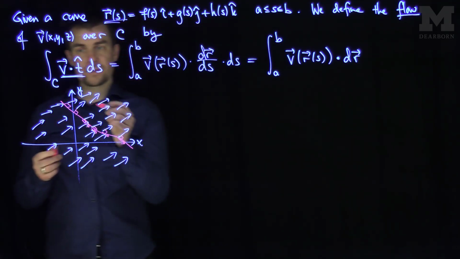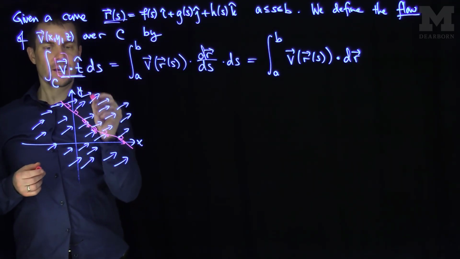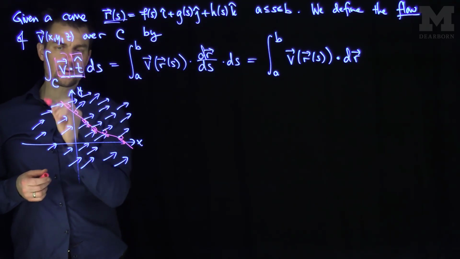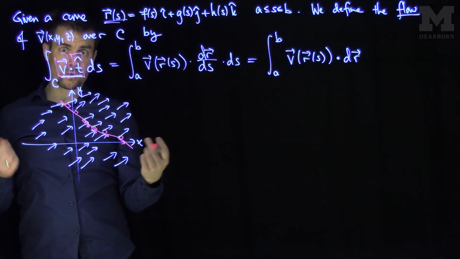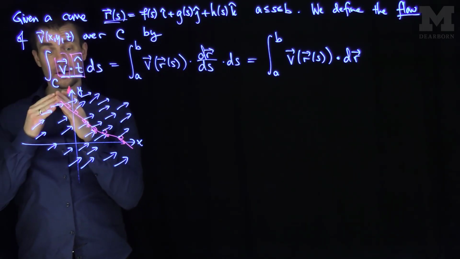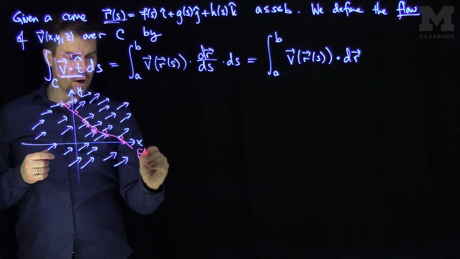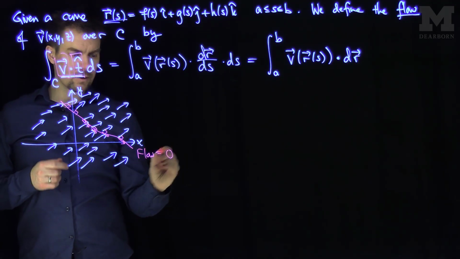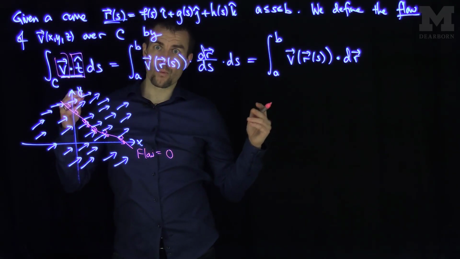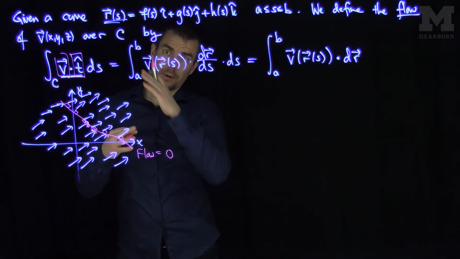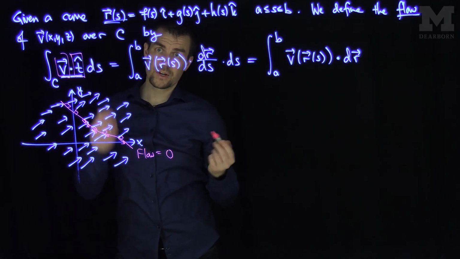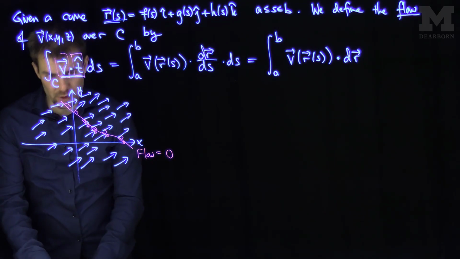In this case, v, the vector field, and t hat are perpendicular to each other. So when vectors are perpendicular, the dot product is 0. So for this curve, the flow should be 0. There should be no flow because it's the worst case scenario. All the vectors are perpendicular to the curve's tangent vectors. That's a bad situation for flow.